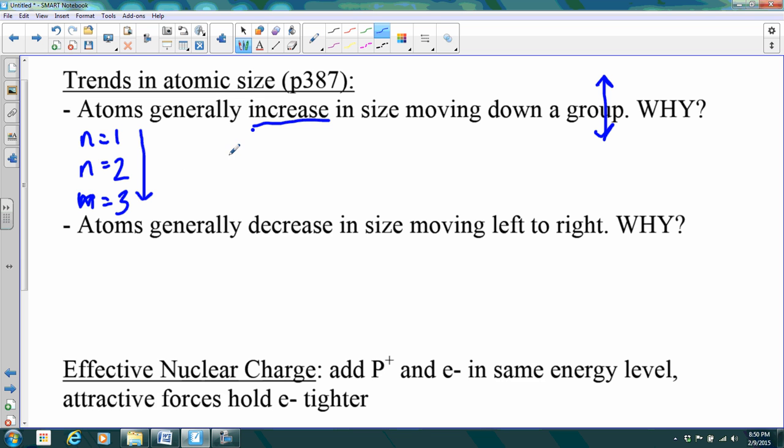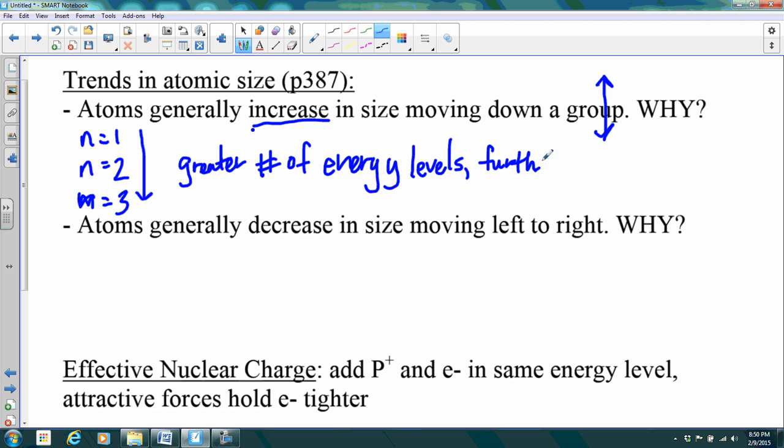This results in being further away from the nucleus, so our radius increases. That should be logical to you, and it's pretty easy to understand.